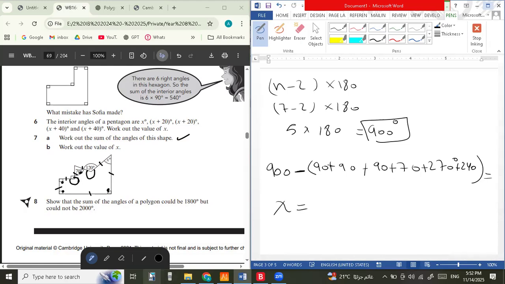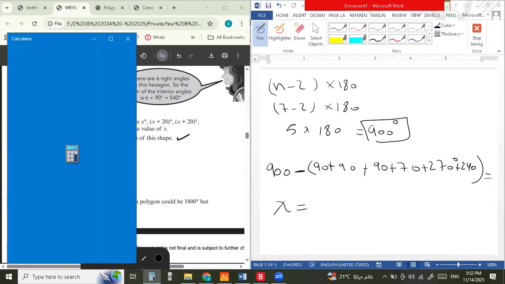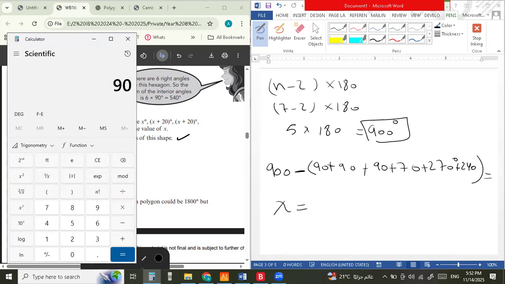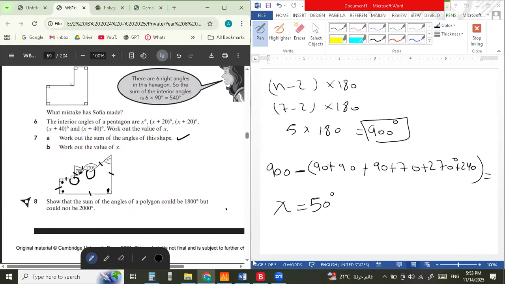So let's do the calculations. 900 minus, open brackets, 90 plus 90 plus 90 plus 70 plus 270 plus 240, close the brackets, equals 50 degrees. So x is exactly 50 degrees.